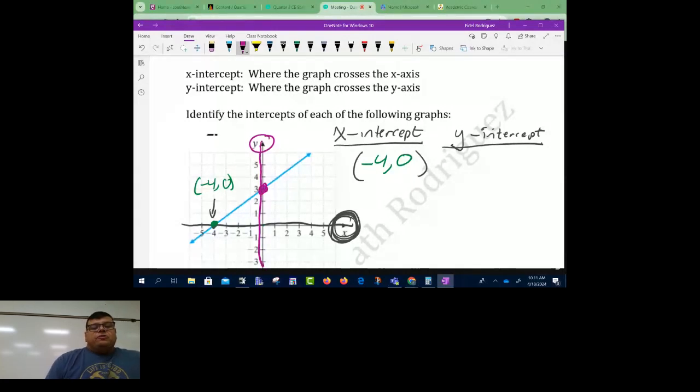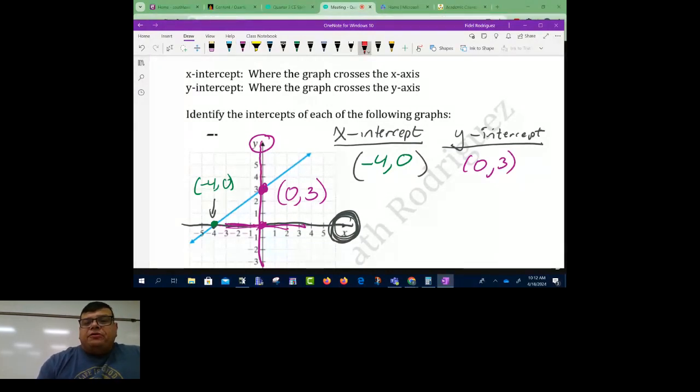Just like when we plot a point, we start in the middle. The first number tells me how I'm going to go to the left or the right, and the second number tells me up or down. We did not go left or right, so my first number was 0, and then we went up to 3. So my y-intercept is the point (0, 3).